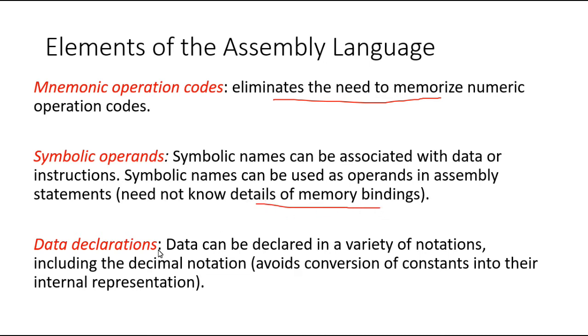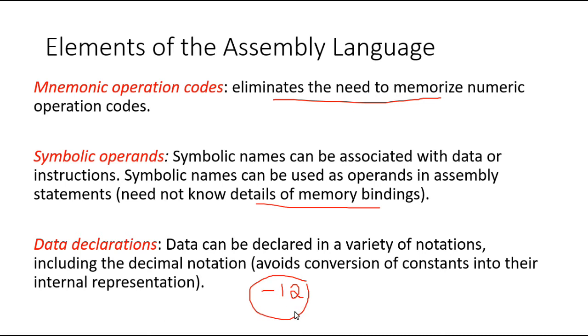And the third thing, data declaration. Data could be declared in a variety of notations, including the decimal notation. Just imagine you had to represent a simple word minus 12 in assembly language. You can do it easily. Instead, if you were doing that in a machine code, first you have to represent whether it is plus or minus using some 4 or 8 digit zeros and ones.